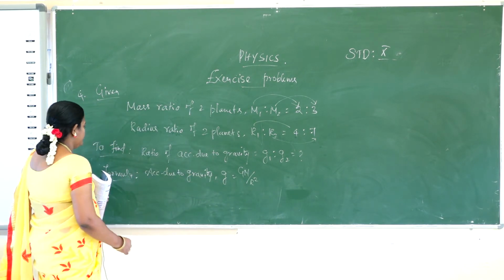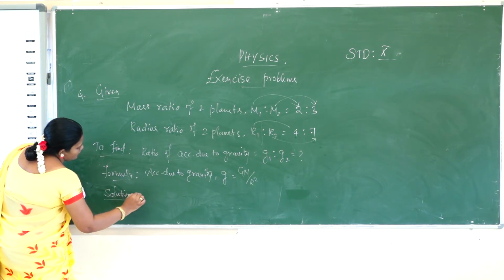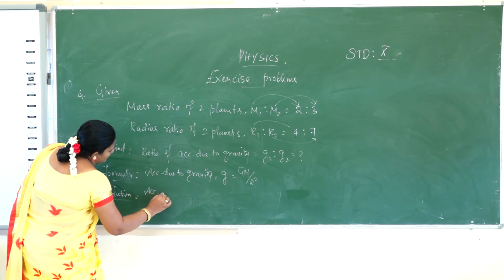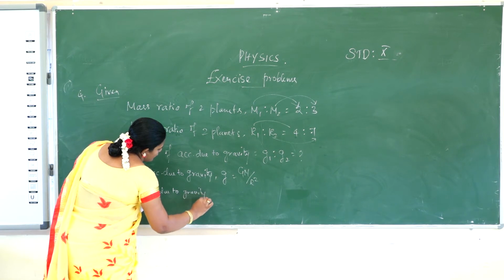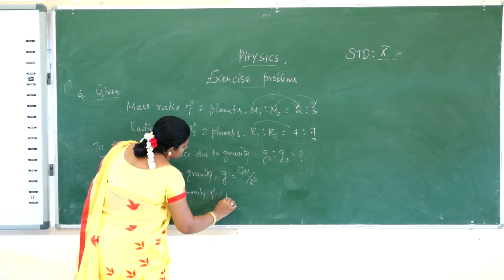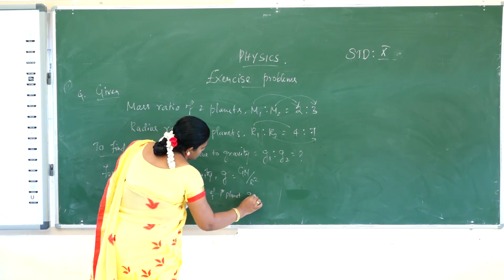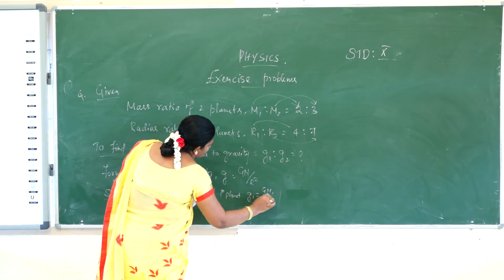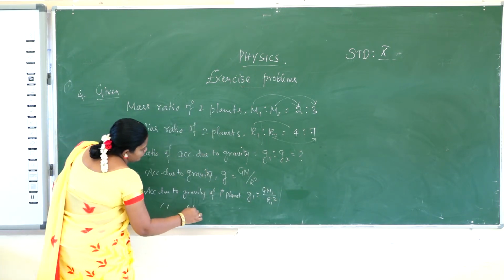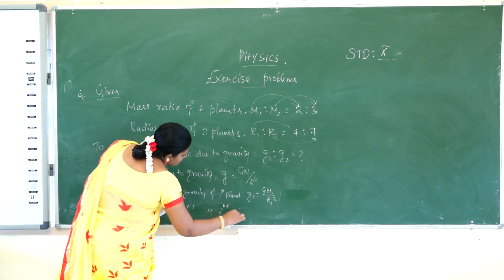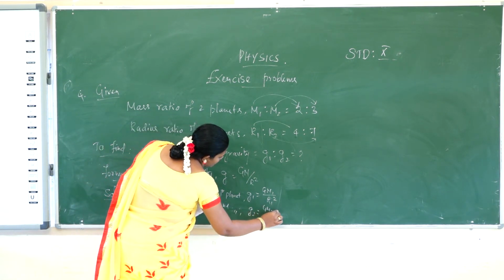So, solution. Acceleration due to gravity of the first planet, g1 is equal to GM1 by r1 square. And acceleration due to gravity of the second planet, g2 is equal to GM2 by r2 square.